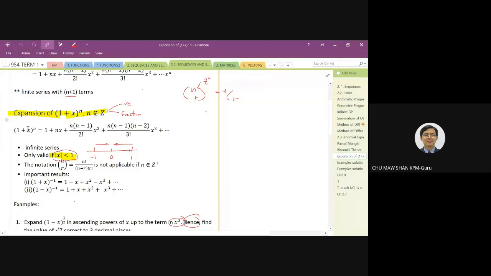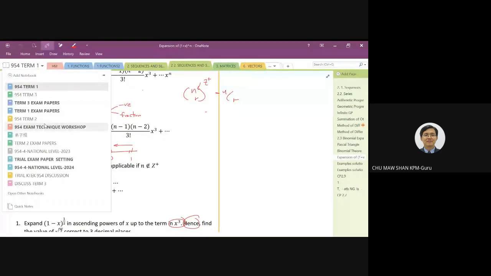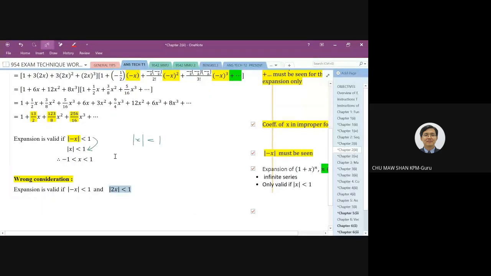Dia tak boleh pakai semua values for the expansion to be valid. Is restricted to modulus of x less than 1. Okay, so come back here. So that's why we will never say like that. Boleh faham? Don't simply consider all like the previous question. Get what I try to say? Okay, good.